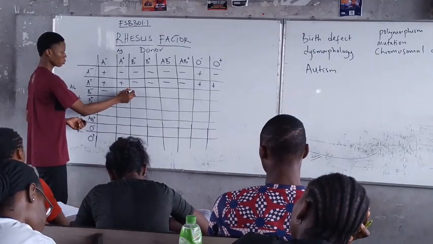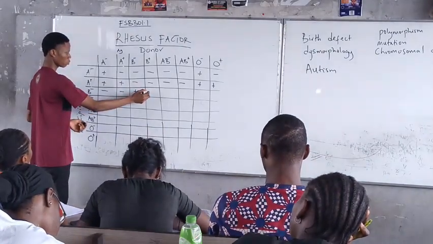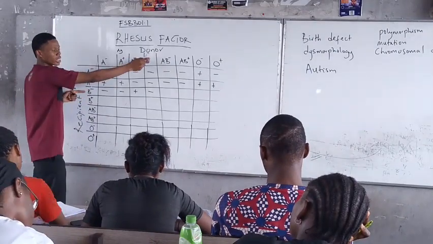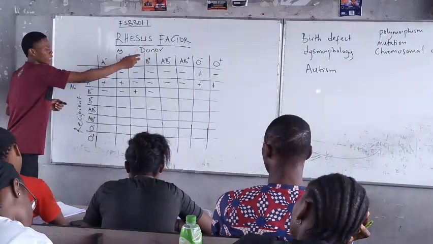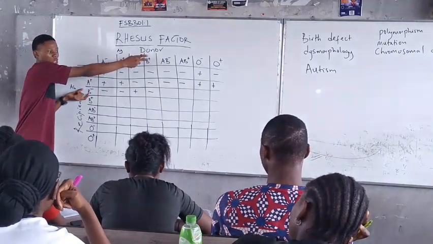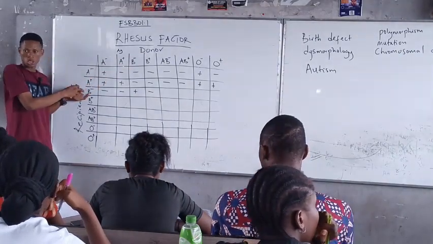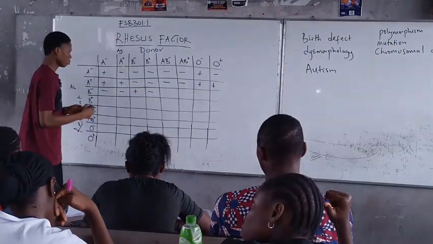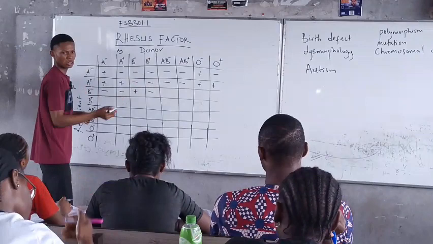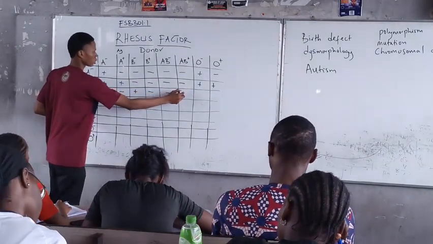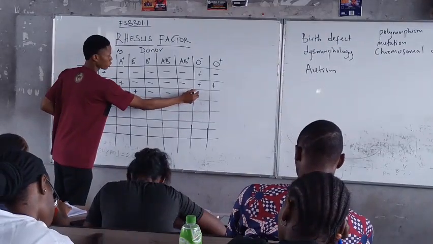Because this one does not have, the person donating has. So if this one is receiving blood now, this rhesus factor is foreign. So the immune system will react. Plus or minus? Minus, right?